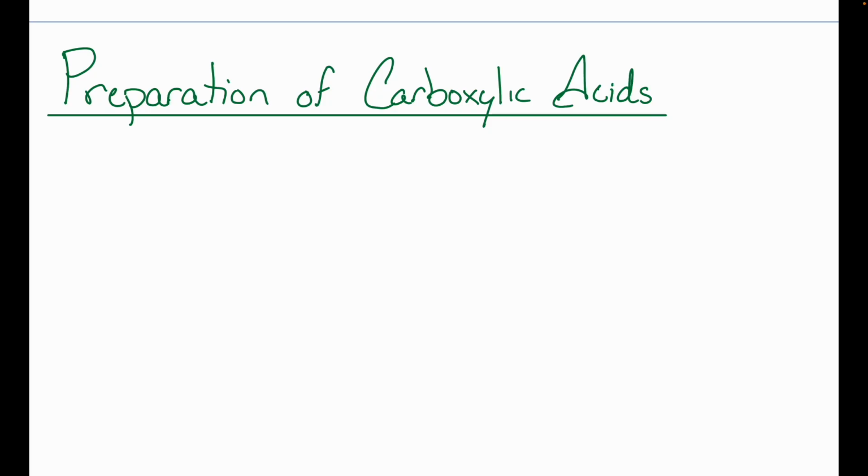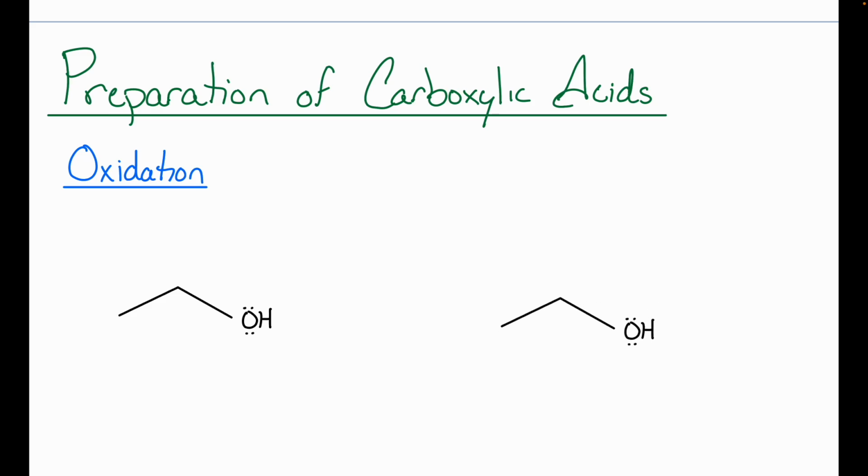There are a few reactions for preparing carboxylic acids that all fell under this umbrella of oxidation reactions. We talked about how we could take a primary alcohol and oxidize that to a carboxylic acid.